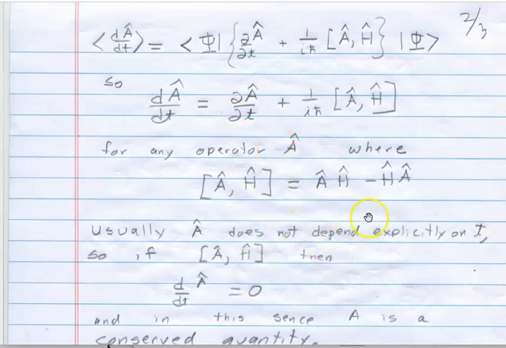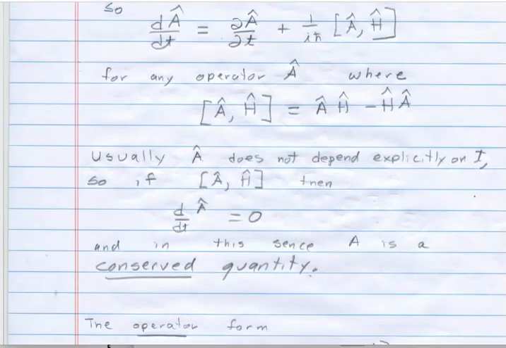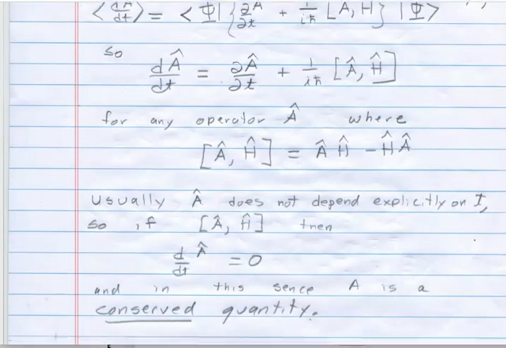And if the two operators commute, then I've got a 0 here, and A doesn't depend on t explicitly, so the time derivative of this operator equals 0. If that's the case, we would say that the operator A is a conserved quantity. So you get these conservation laws from this particular form.